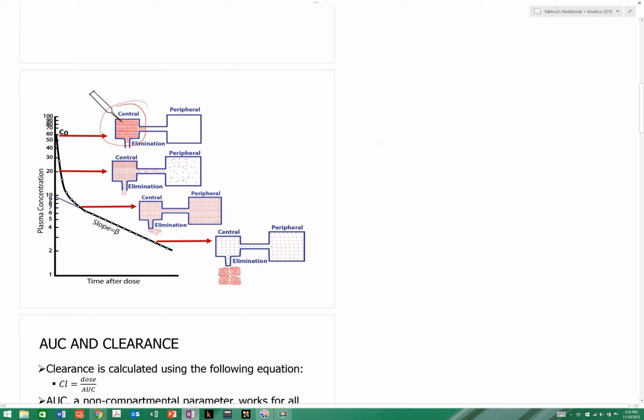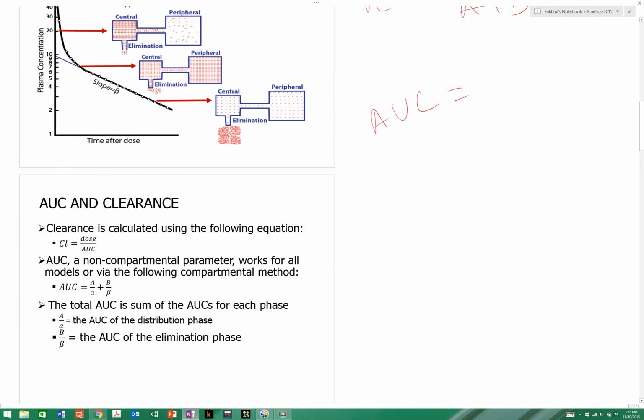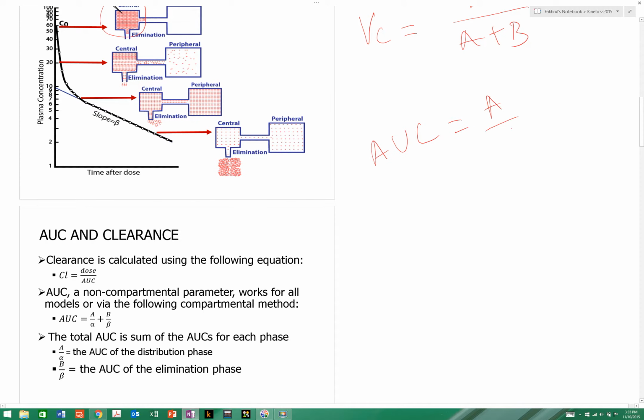For example, we have calculated VC using volume of distribution, dose by A plus B. And also we have calculated AUC based on this equation, A by alpha plus B by beta.